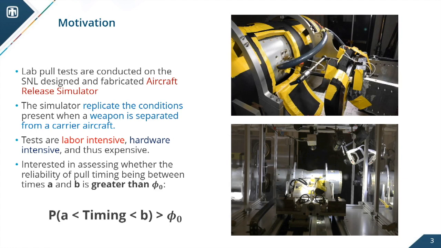And as part of that, it's going to measure something that I'm just going to generically call a timing. And what we're interested in is making sure that that timing is going to be within a requirement. So this timing has to be between some amount of time A and B, right? And that's going to have some reliability requirement that says, well, you need to be able to say with some degree of probability that the timing of that release will be between A and B, okay?